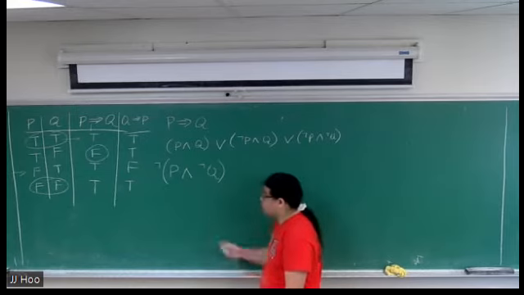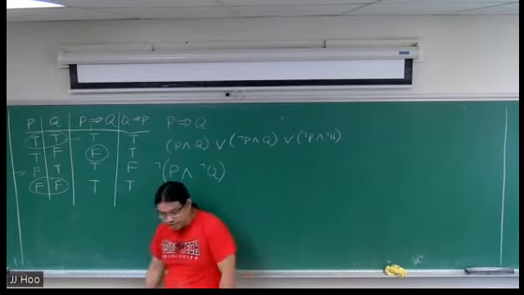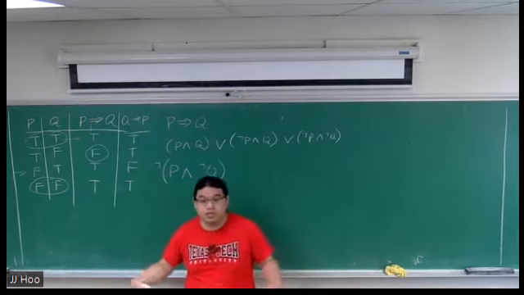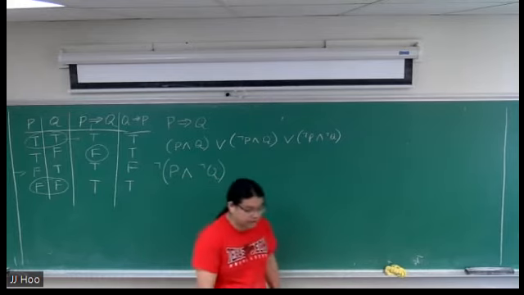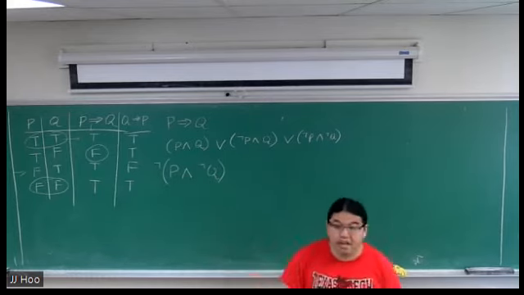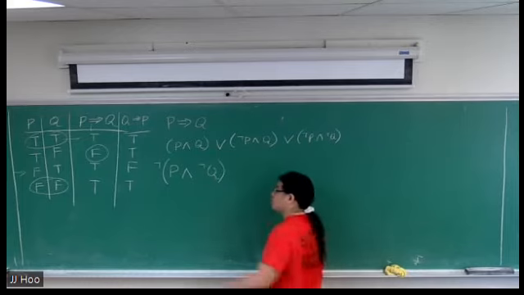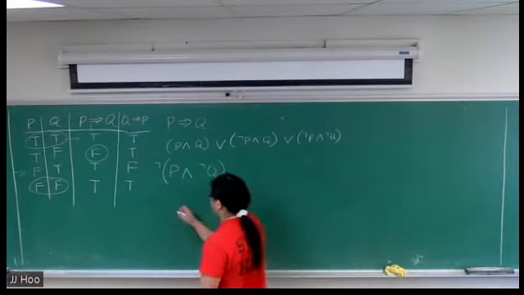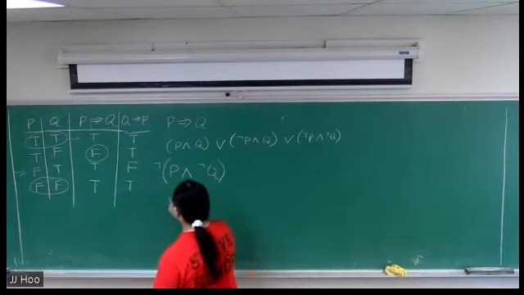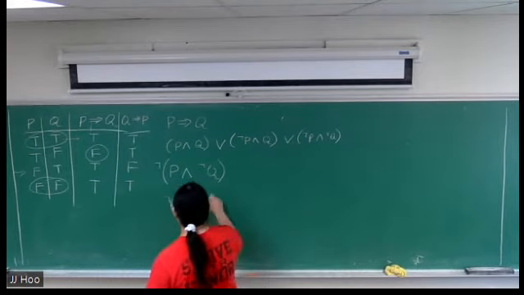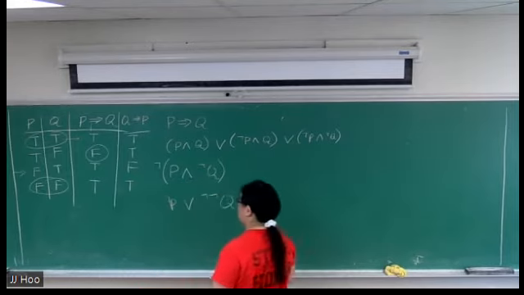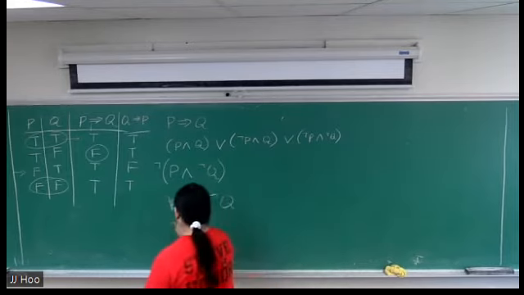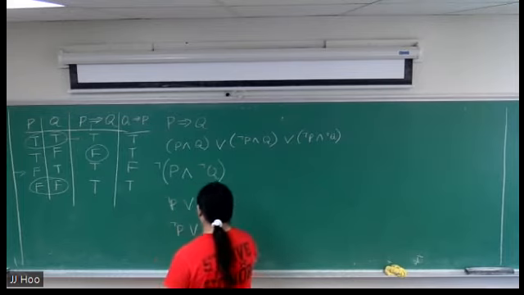But what if I don't want this negation outside? It's that idea of, I don't want anything outside, I always want to distribute to simplify. So we can also find another logically equivalent statement here. Let's distribute this. You remember you can distribute this using De Morgan's laws, right? So I can write not P or not not Q, or we can say not P or Q, right?